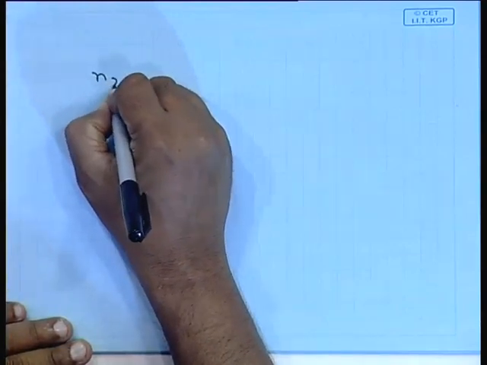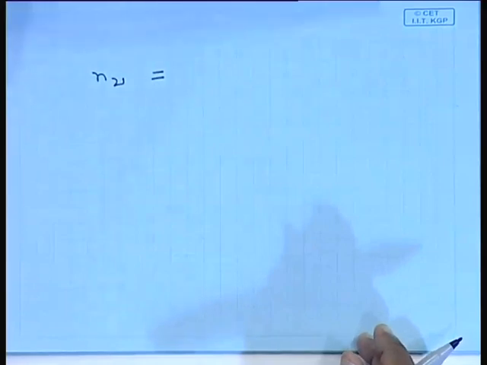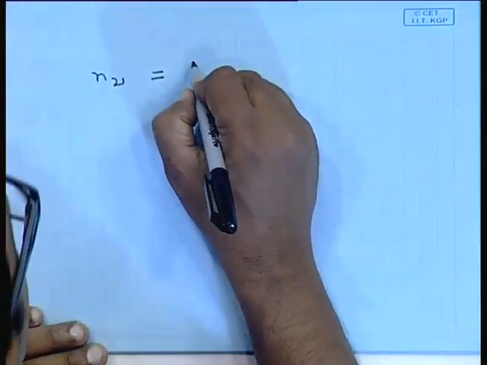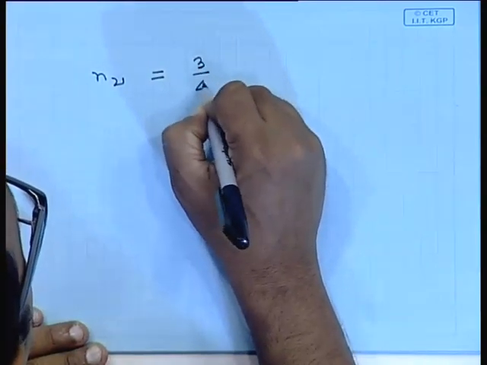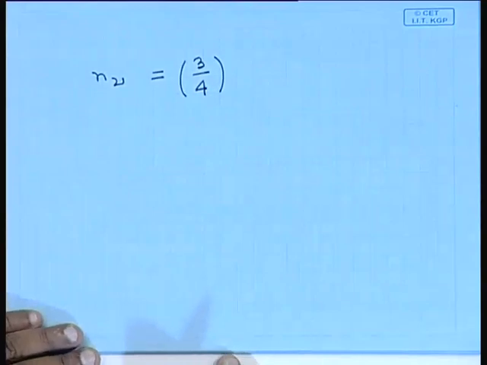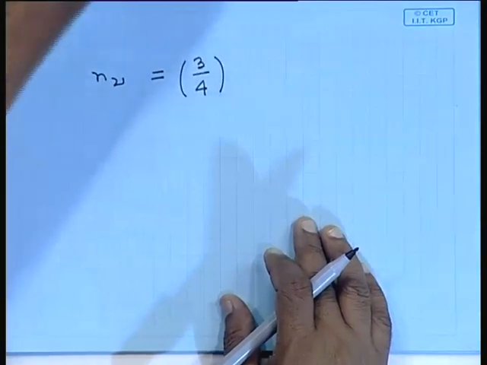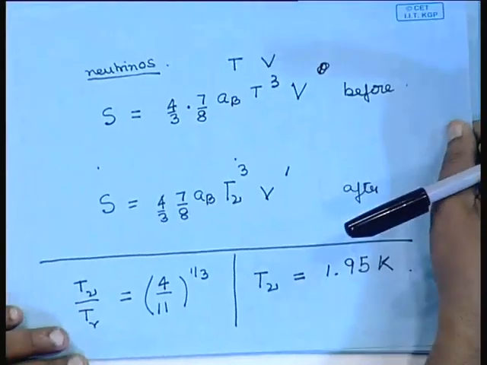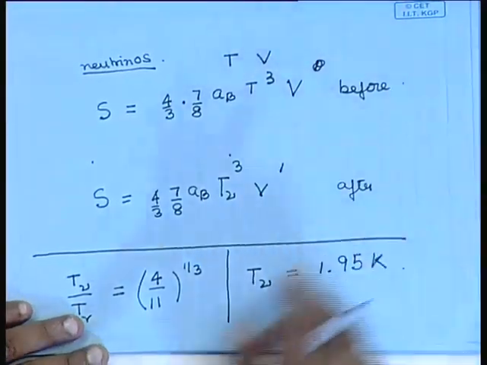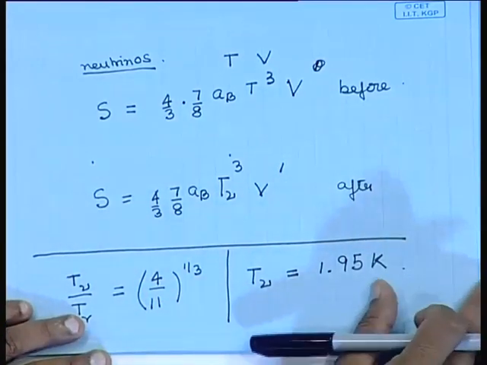The number density of neutrinos for each species, again you can calculate the number density. So there will be this factor you can just work out. So I had told you that the number density is going to be a factor of 3/4 less to start with, and it is proportional to T cube. So there is this factor of 4 by 11 that is going to come in, right.